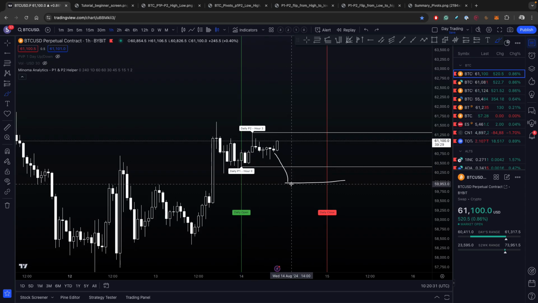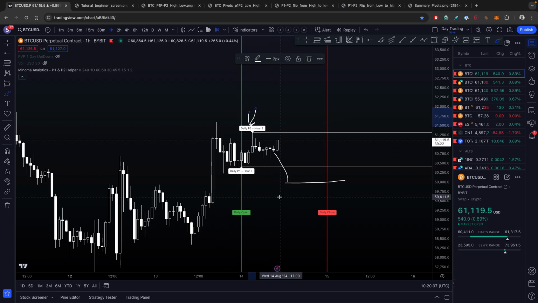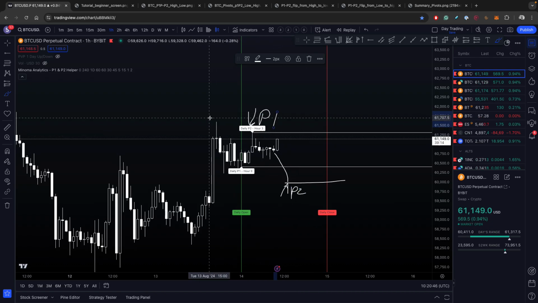But because we put in the low after we put in the high, this becomes P1 and this becomes P2, right? This is something that we call the P1, P2 flip.